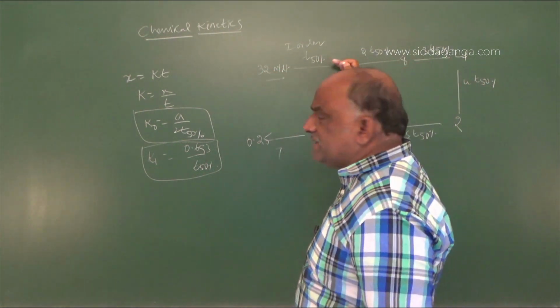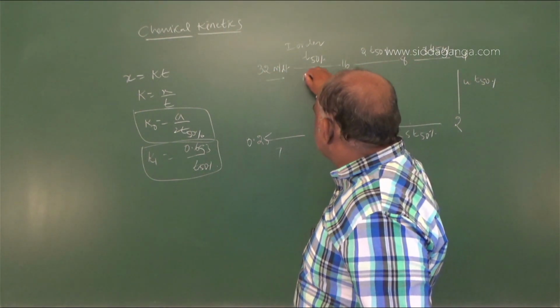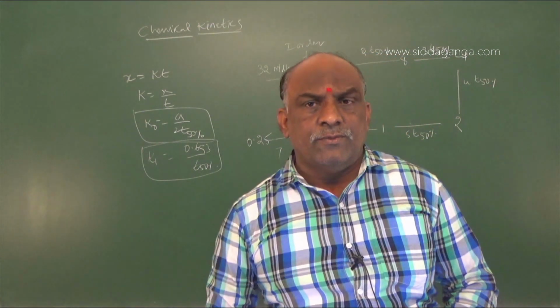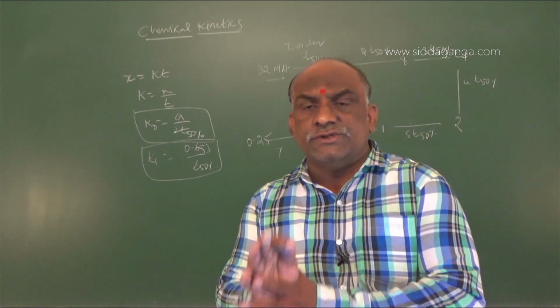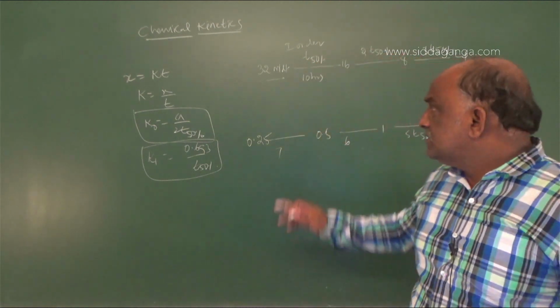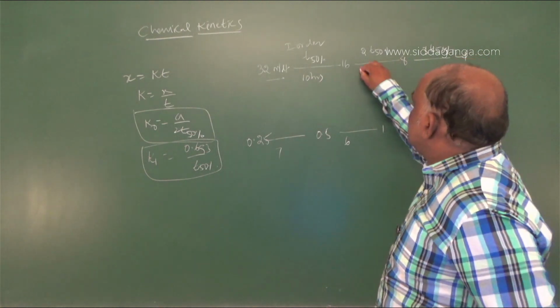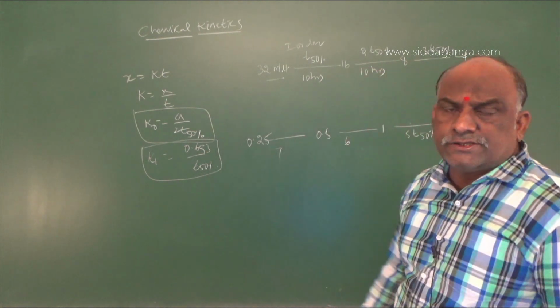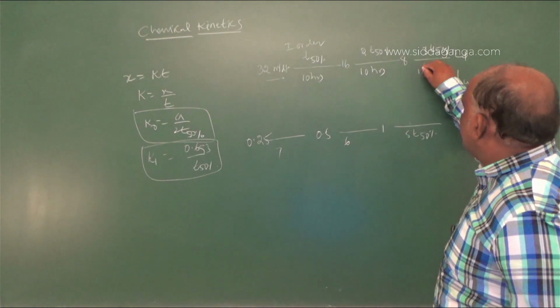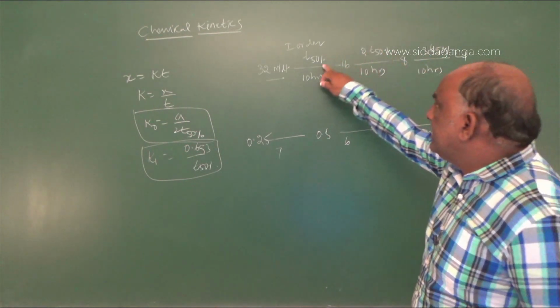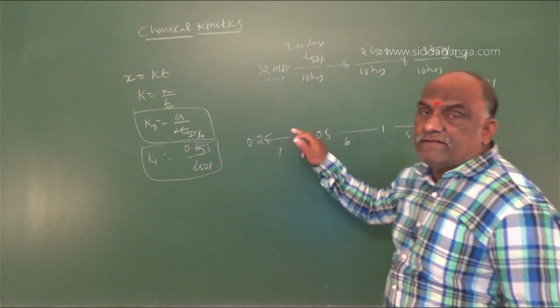Suppose from 32 moles per liter concentration to 16 moles per liter takes 10 hours. From this to this also takes how many hours? 10 hours only. From this to this also, 10 hours. So 3 into 10 is 30, 20, 10, 40, 50, 60, 70 hours.